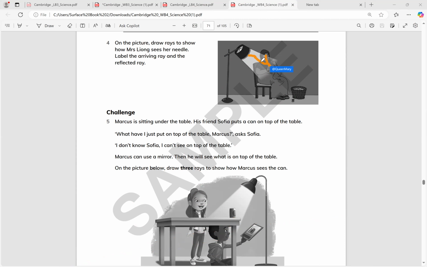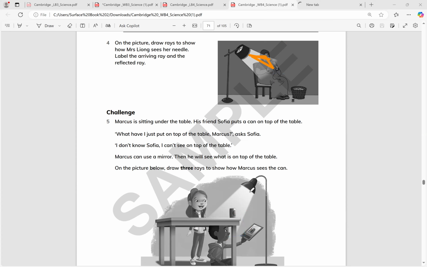All right. So yeah, the ray is like this. Like that? Nope, this is blocked. You can see the can using that method. That is one method.